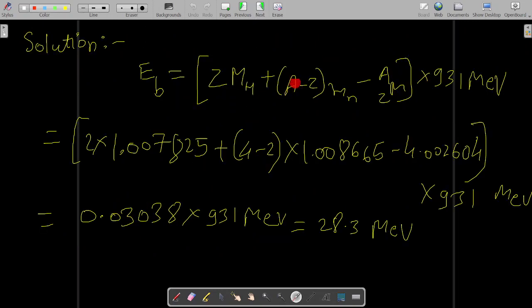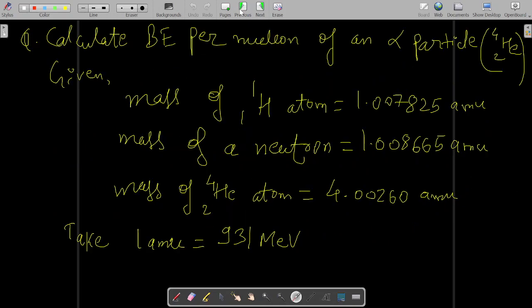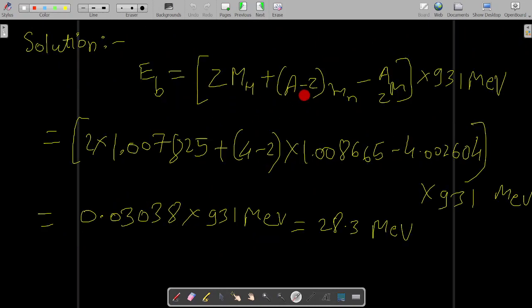Then the atomic mass number minus the atomic number. The atomic mass number is 4, minus the atomic number means the number of neutrons. Then the mass of each neutron is also given in the problem. Then the atomic mass of the alpha particle is also given.